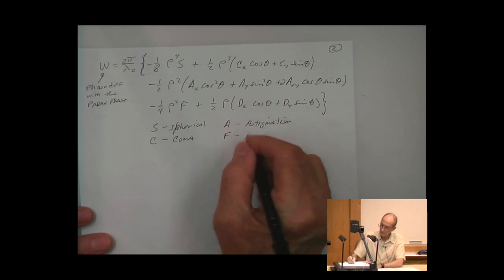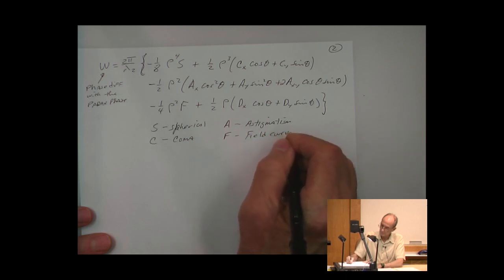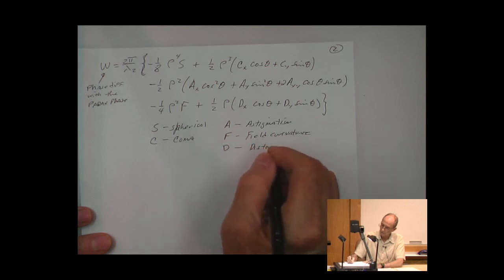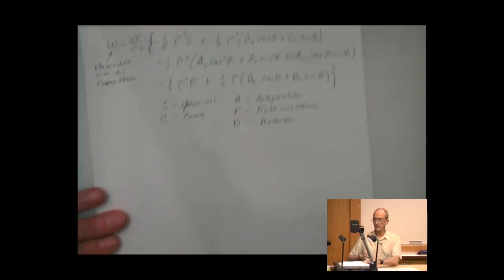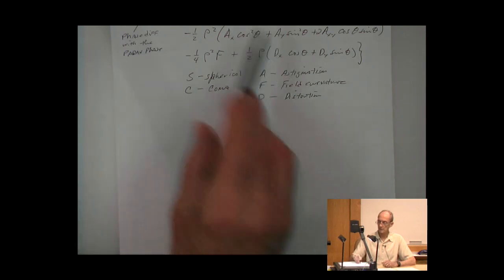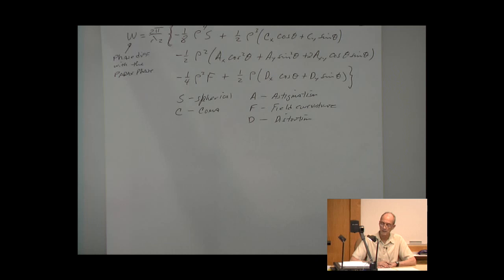F is the field curvature. And D is distortion. So again, as described in that paper by Meyer that I posted on the website, we can categorize this phase difference that we have in terms of things that are fairly well known from other optical design problems that are encountered.